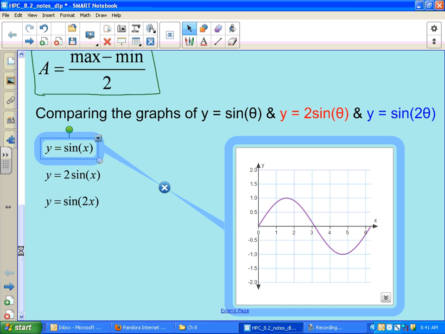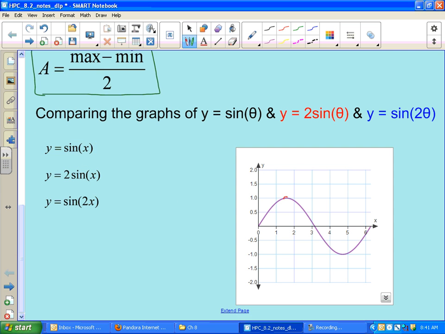So there's our sine curve. And we know that we break our sine curve into quarters, and that at 90 degrees, or pi over 2, I'm at 1, and at 3.14, or pi, I'm at 0, and at 3 pi over 2, I'm at negative 1, and then at 6.28, or 2 pi, I'm back at 0 again. So those are our quarters.